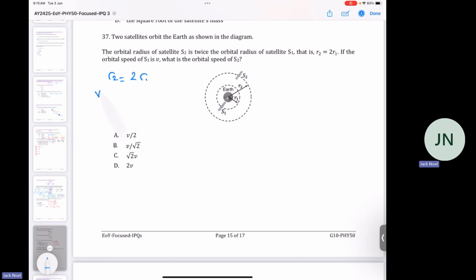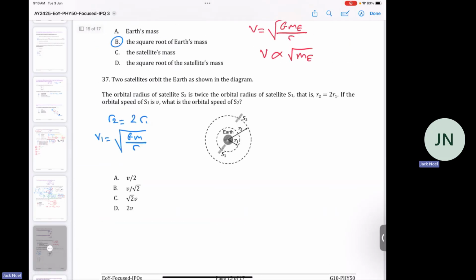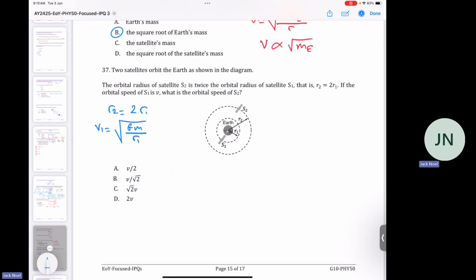And if you want to know about V1, V1 is square root of GM over R1, which is equal to V. They said take it as V. They want you to find V2 in terms of V.